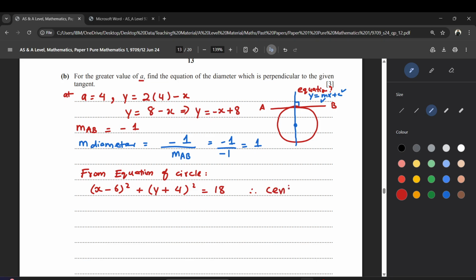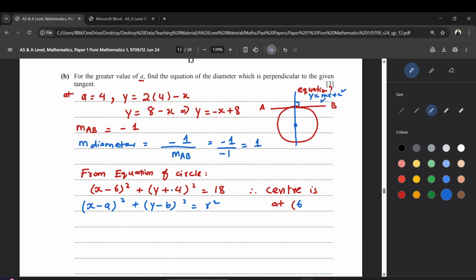We can say that the center is at, now your general form of the equation of circle is this, x minus a whole square plus y minus b whole square equals to r square. This is exactly in this form, so therefore the value of a, the x coordinate of the center, is going to be just 6.